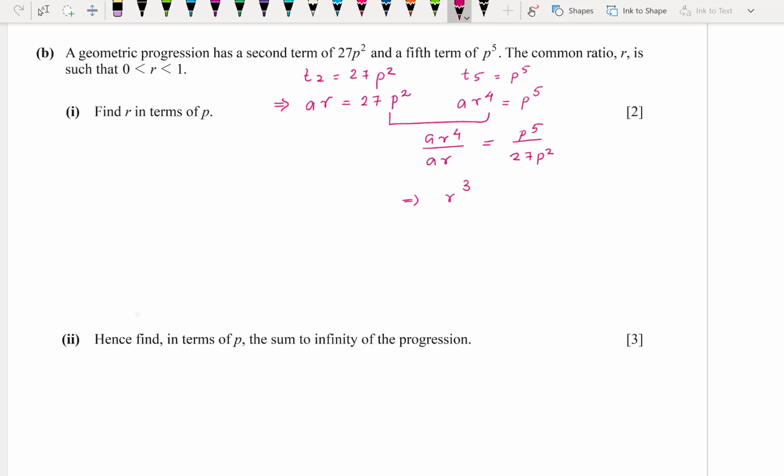What do we have on the right side? P cube divided by 27. The question is asking to find r in terms of p. That implies r is equal to p by 3. Done?